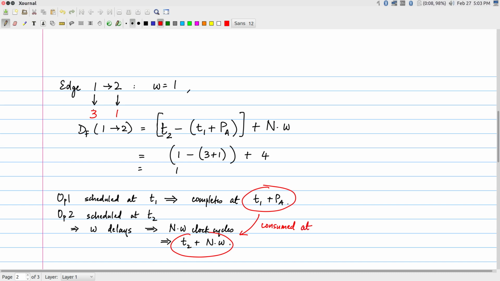The data that was produced at time T1 plus PA is going to be consumed at time T2 plus N into W. For that much intermediate time, I need to store that value. That is the number of extra physical registers that I need to allocate somewhere to save the data until it is ready to be consumed.